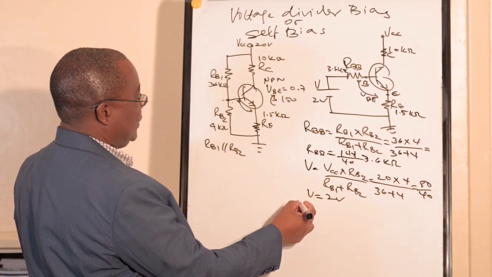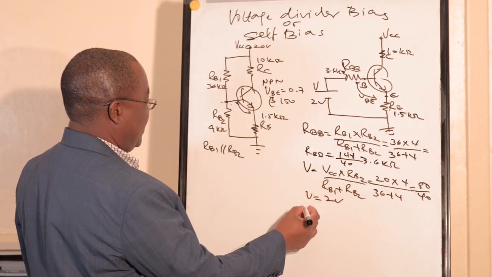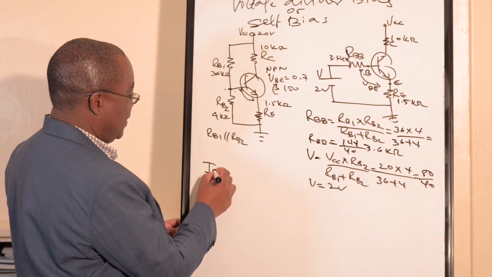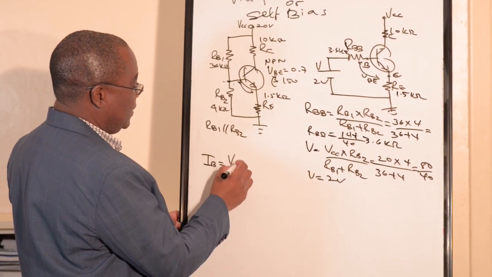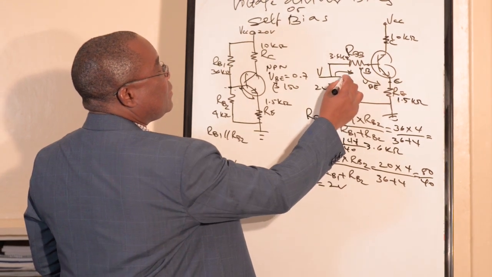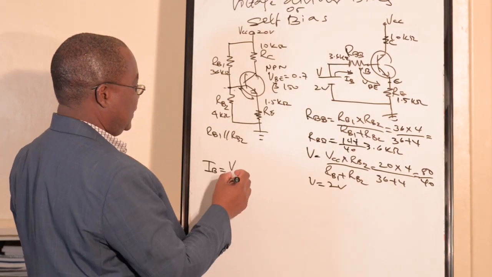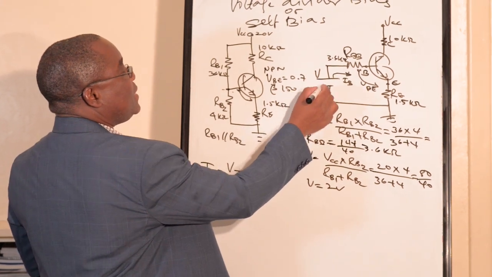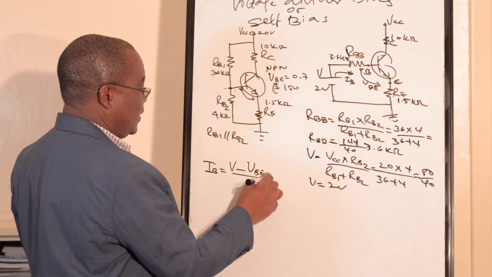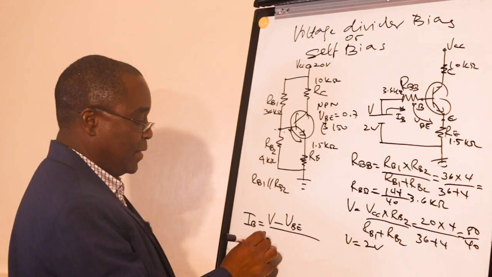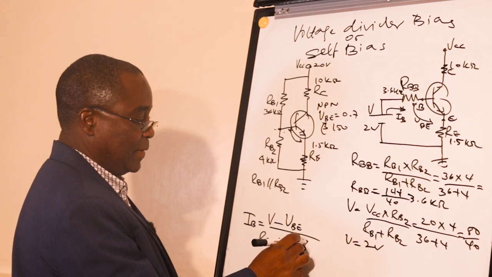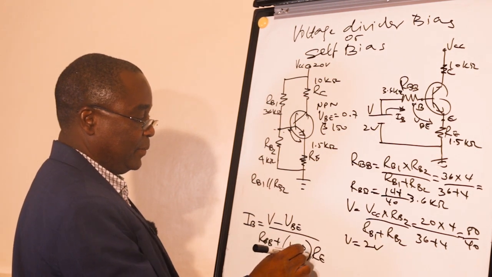So we have to find IB. IB will flow this way. IB is equal to V Thevenin minus VBE over RBB plus 1 plus beta times RE.